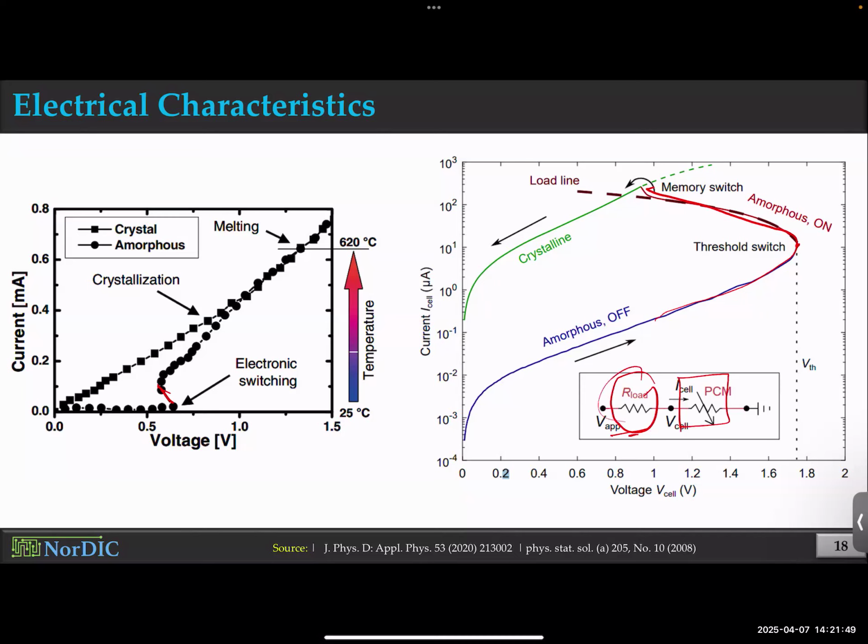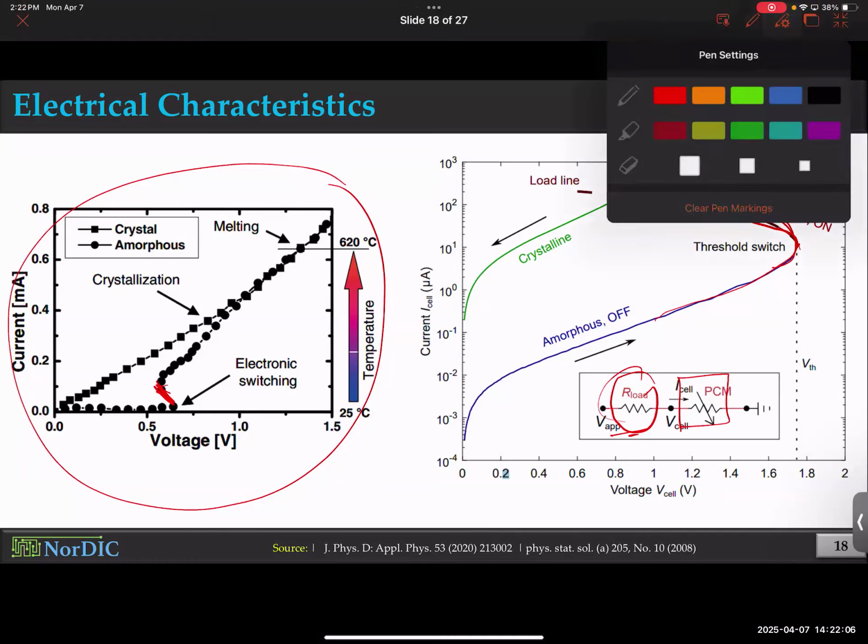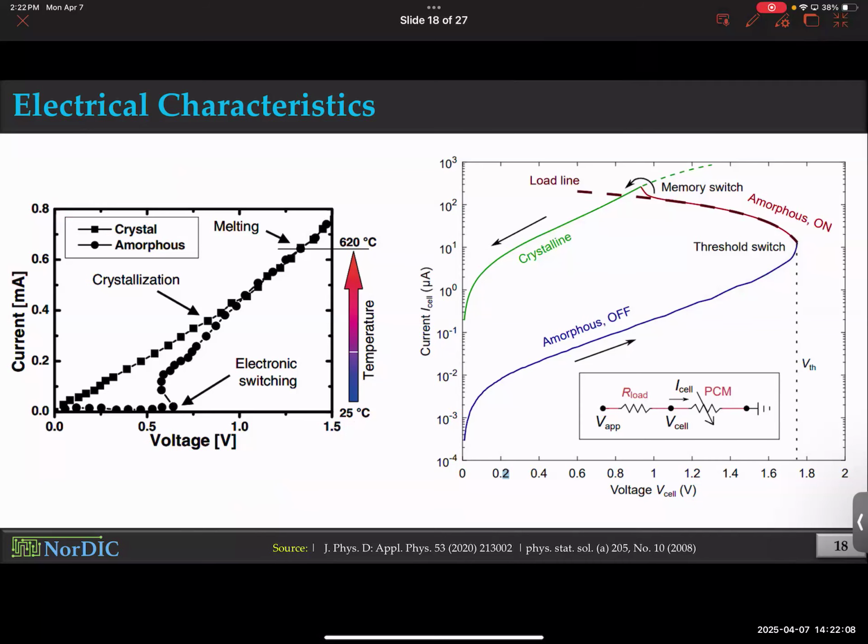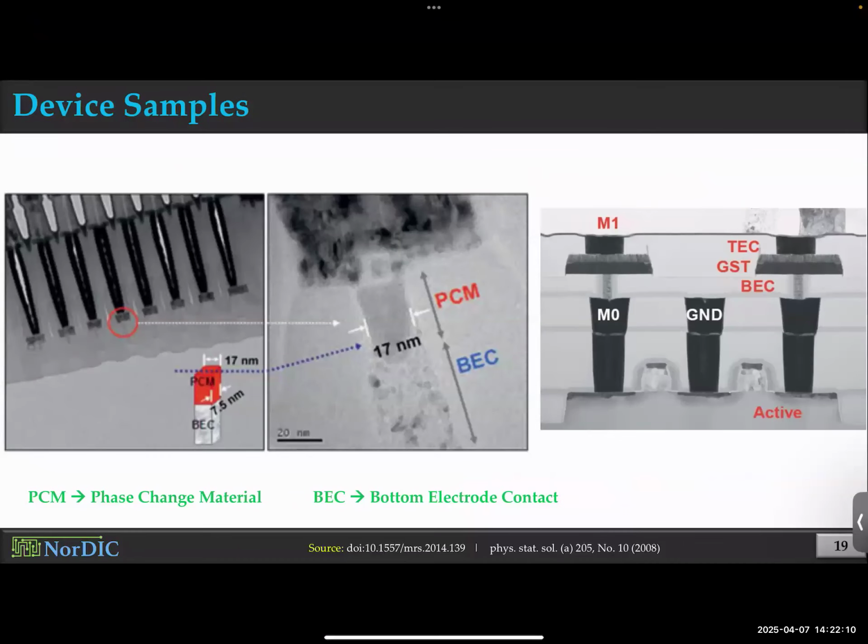And the load is nothing but the transistor resistance, for example. Okay. And because of that, you have a snapback or negative differential resistance that shows up. This is an interesting signature of phase change memory when you observe the experimental data. So this is experimental data. Notice the NDR here. Okay. We also discussed this in detail, so I'm just being superficial here.